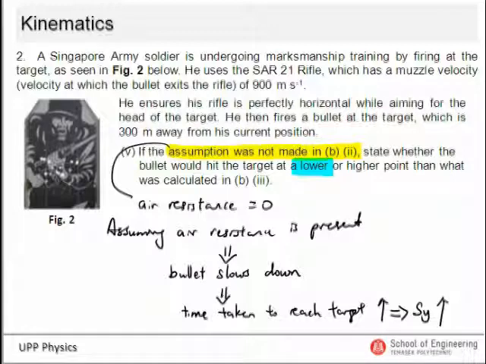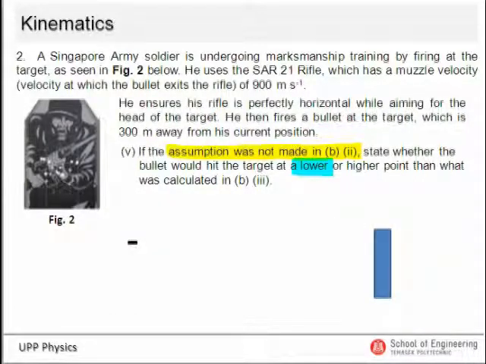So schematically, how would this question look like? Let's have the bullet and the target board as shown. Initially, we assume air resistance is negligible. So the bullet will travel in a path like this and hit the target here.